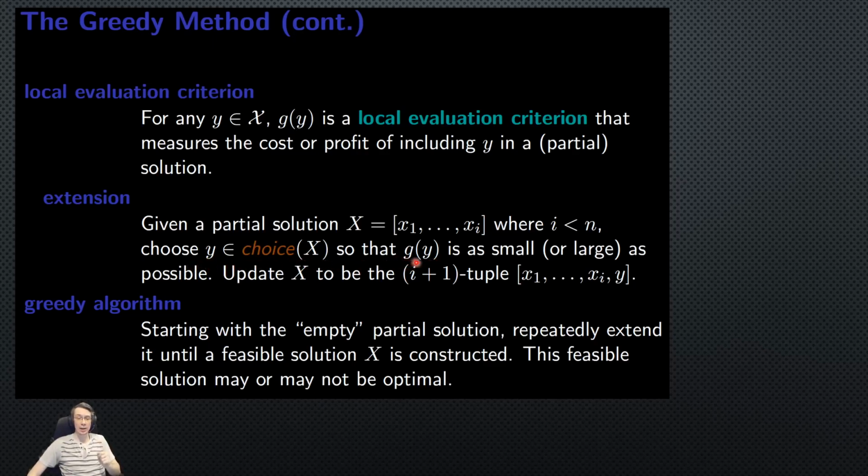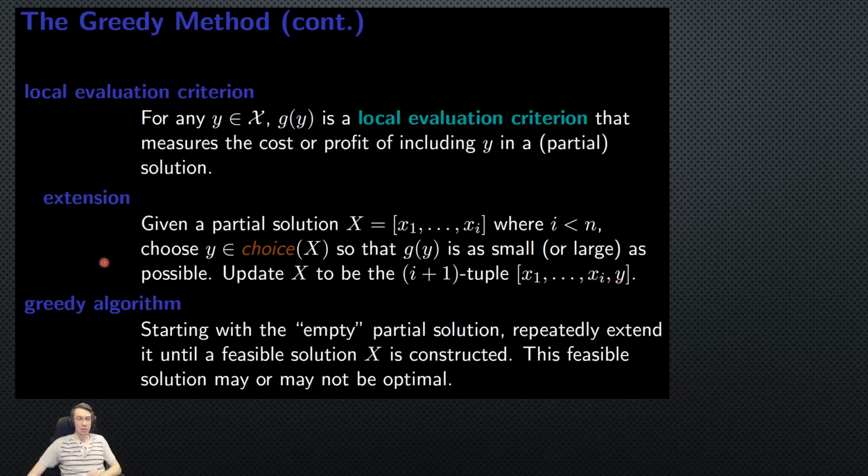We want to choose the one that either minimizes our cost function, our local cost function g, or maximizes our local profit evaluation function, g. And then we're going to update our partial solution x into an extended partial solution, a new partial solution that's an extension of the old one, x1 up to xi, followed by our new choice, y.